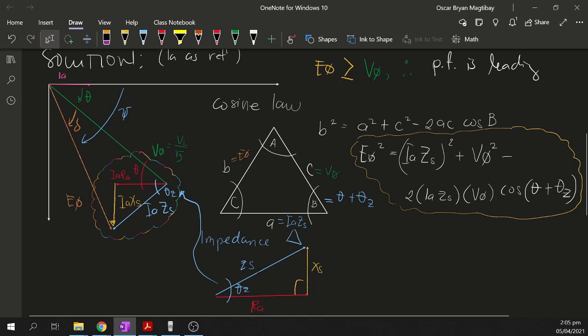Now, sa pagsosolve pala natin nitong problem na to, kung titingnan natin, we could try to go to a trigonometric approach using the law of sines or law of cosines. This is applicable for triangles having two given sides and a given angle or two given angles and a single side para makuha natin yung bawat sides ng ating triangle or bawat internal angles ng ating triangle. But in this problem, makikita natin, we could try to apply the law of cosine.